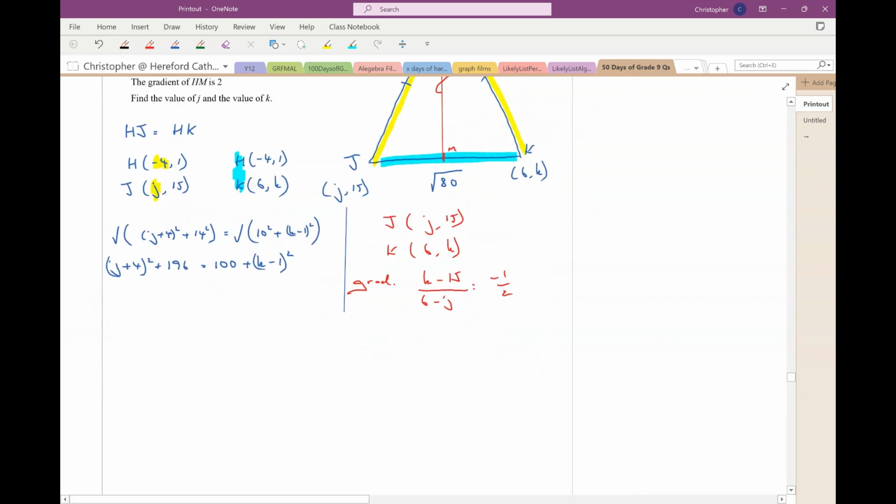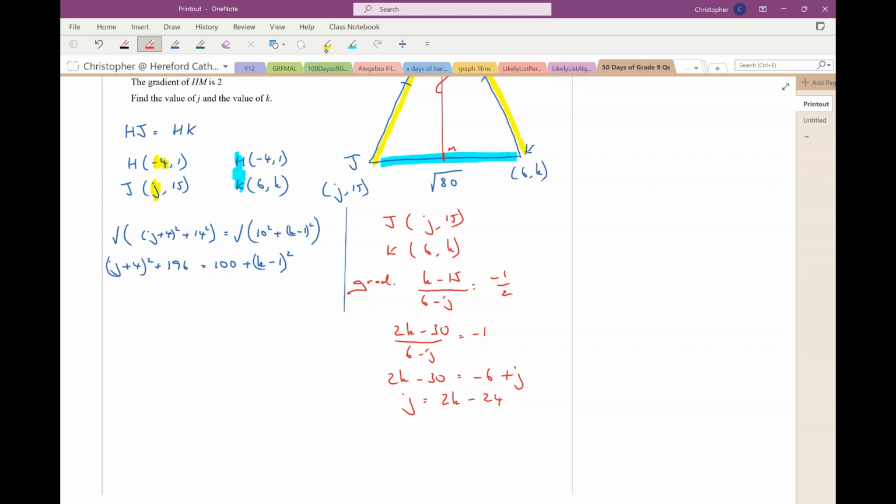So now I'm going to multiply both sides of this by 2 to give me 2K minus 30 over 6 minus J equals minus 1. Multiply both sides by 6 minus J. 2K minus 30 equals minus 6 plus J. So J is 2K minus 24. Okay.